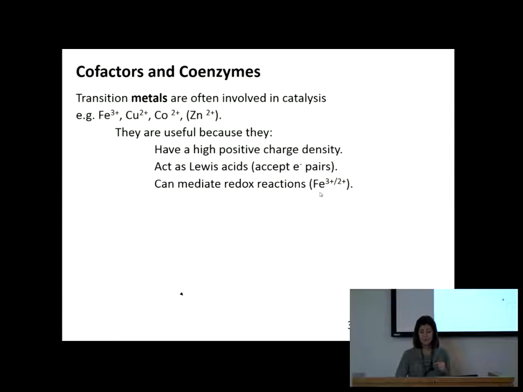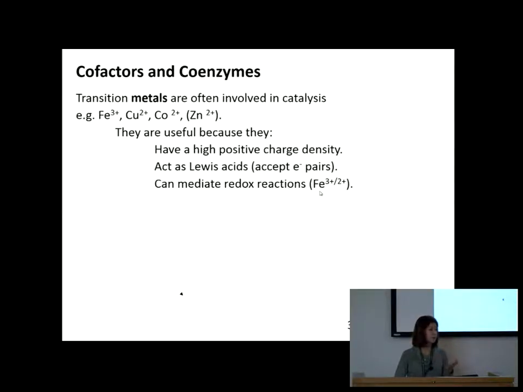Iron, copper, they have multiple oxidation states that are stable. Iron has 2 and 3. Which ones does copper have? Copper has, I show you 2, but there's one more. It's copper 1 and 2.